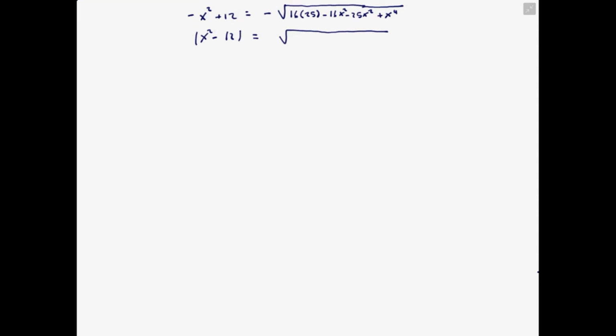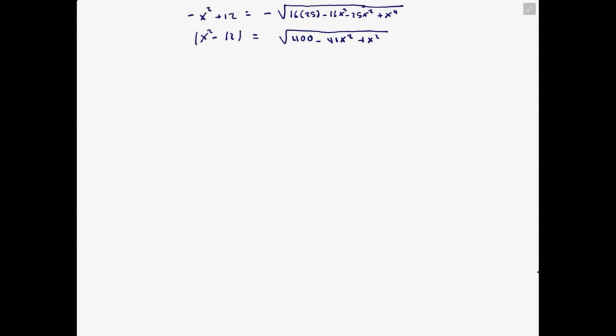All right, so we got this now. 25 times 16 equals 400. And minus, okay, 16 plus 25 is 41, plus x squared.